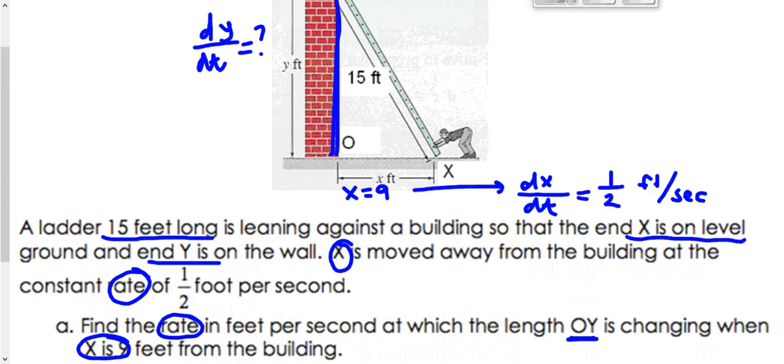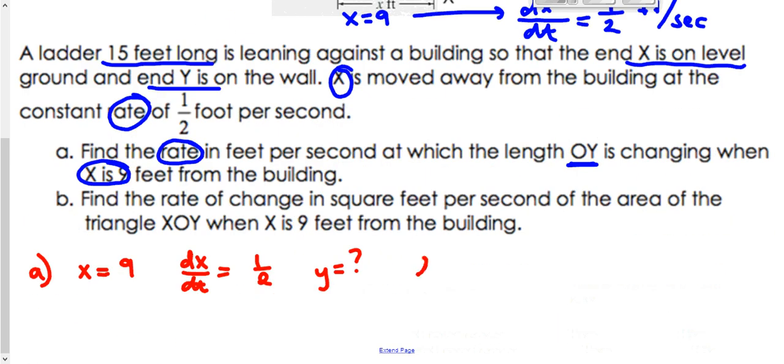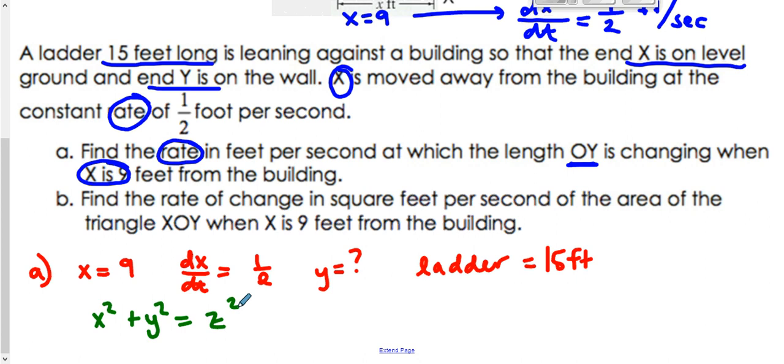That ladder is 15 feet. If we were going to choose a formula, this is a right triangle, so we're going to be using x squared plus y squared. We'll call the ladder z. You can call it whatever you want, you can call it L if you want. No one's checking your letters, as long as they remain consistent throughout the problem.